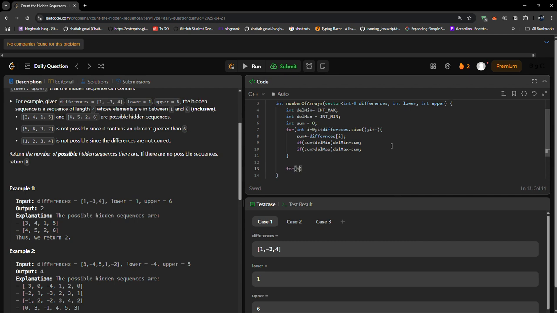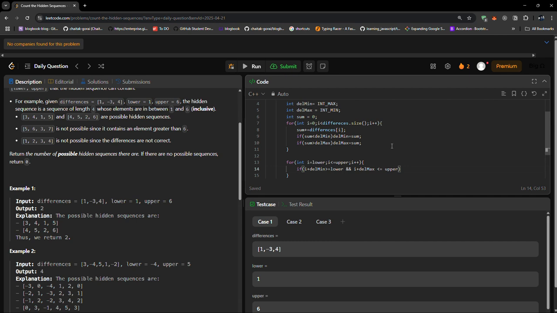So for int i equals lower, i less than or equal to upper, this is inclusive, and i plus plus, we need to check whether our x is i: i plus del min should be greater than or equal to the lower limit, and i plus del max should be less than or equal to the upper limit.